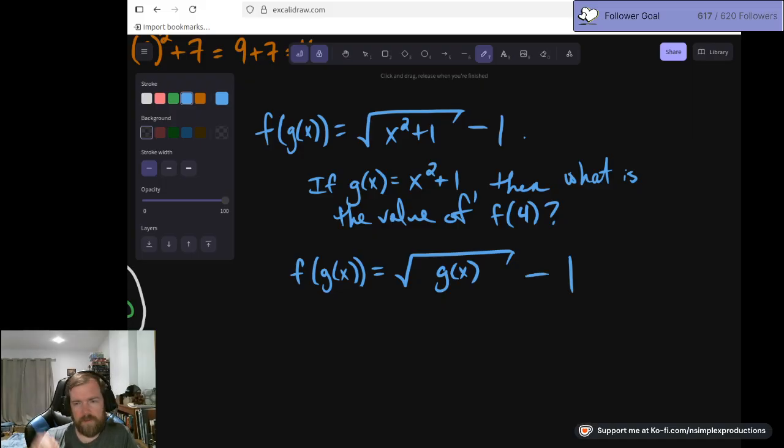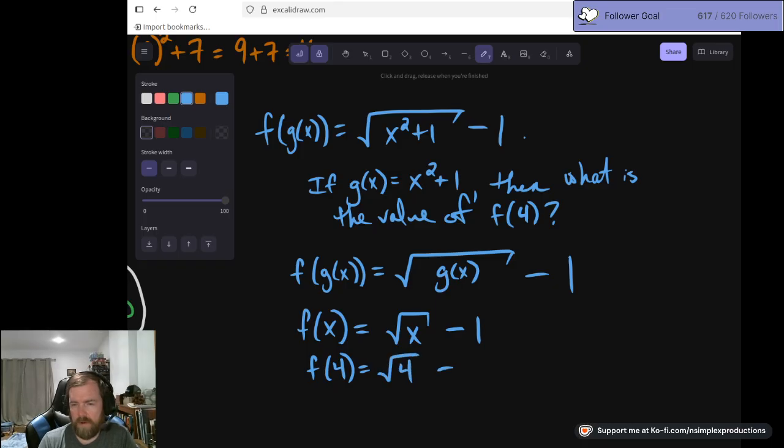And then we have this, and that means that f of x rather than f of g of x is going to be the square root of x minus 1. Okay, therefore, f of 4 is going to be equal to the square root of 4 minus 1. Square root of 4 is 2, minus 1 is going to be 1.